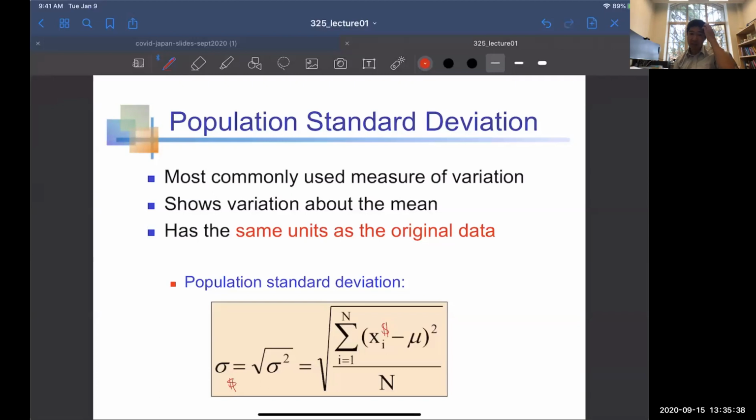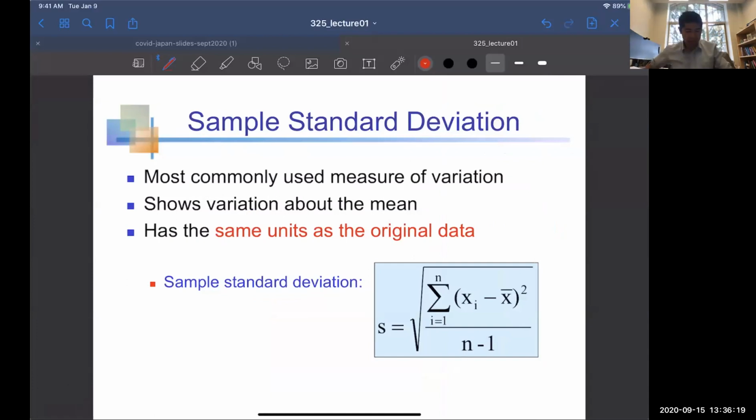In particular, if you take two standard deviations away from the center, if the distribution is approximately normal, that's going to contain about 95% of observations. So the standard deviation gives you a very good idea where most of the observations lie around the mean. We'll get back to that later.